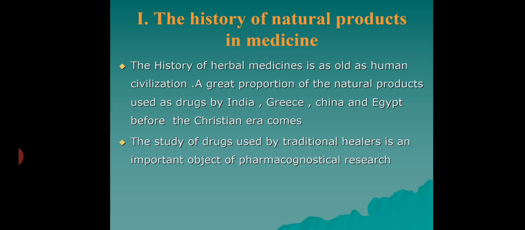The study of drugs used by traditional healers is an important object of pharmacological research, because research is happening even now. During the COVID time, our officials were saying to find a medicine from natural sources to eradicate this virus. And you might have heard of hydroxychloroquine. It is obtained from natural substances, from the bark called cinchona.